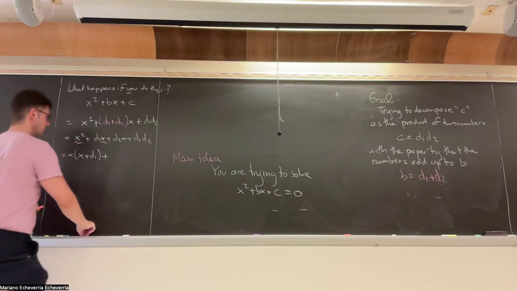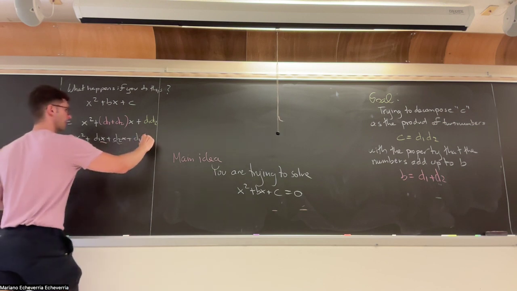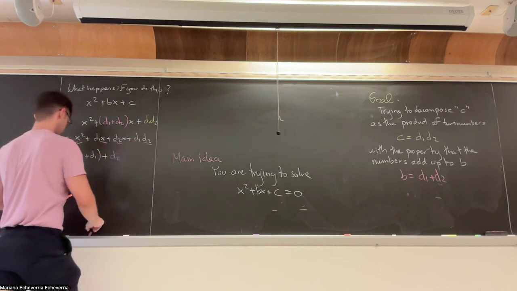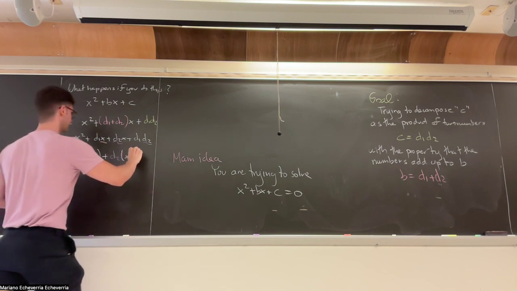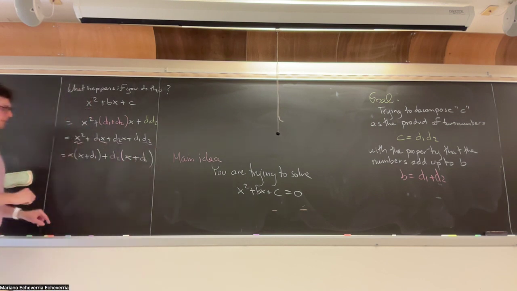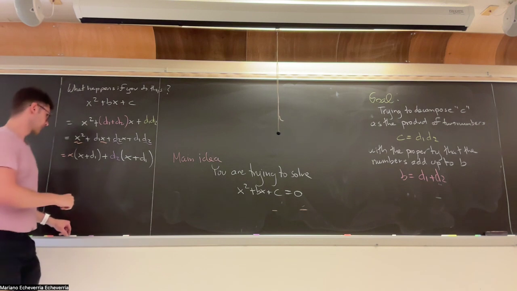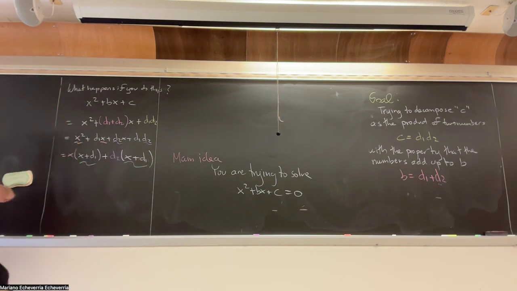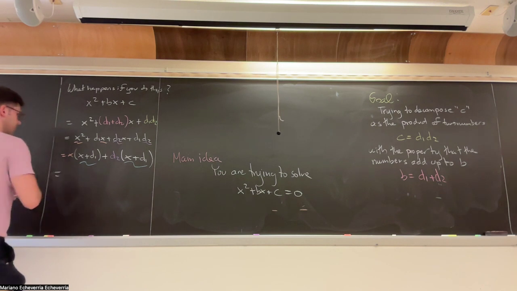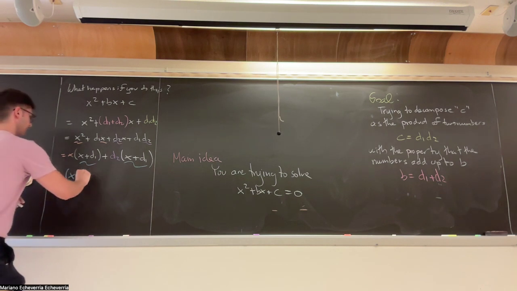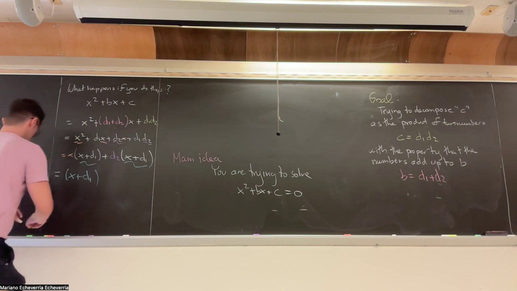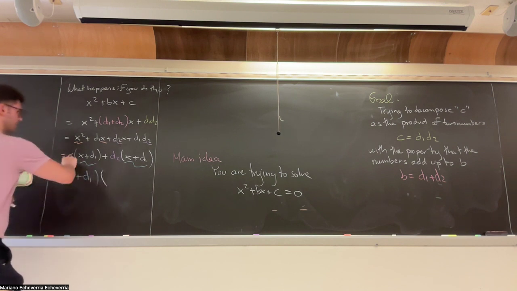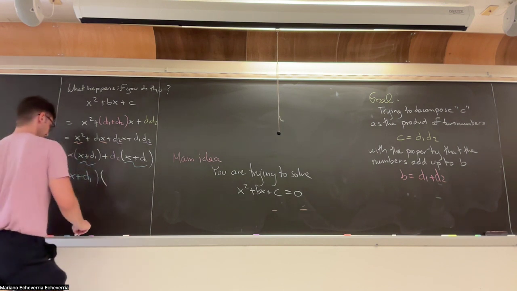And then you factor out the d2 for the second one. So you get x plus d1. Okay. So then you get an x plus d1 common term, which you can factor out. And this one gives you x plus d2.